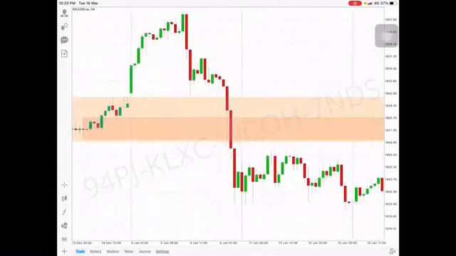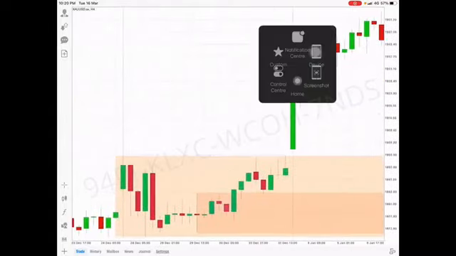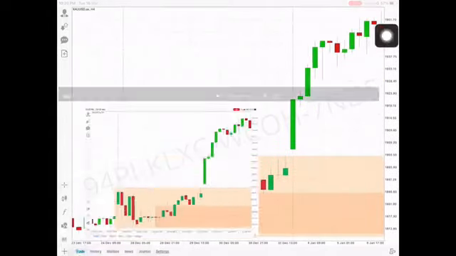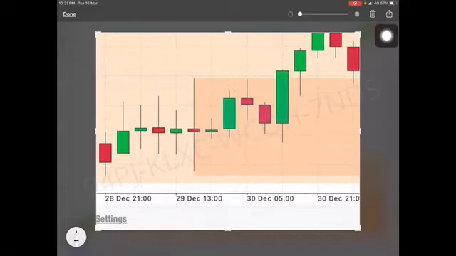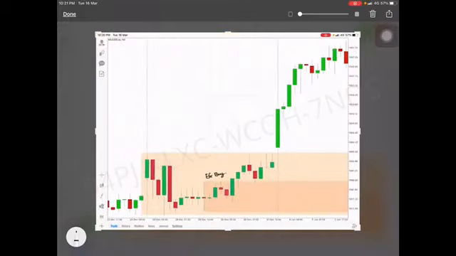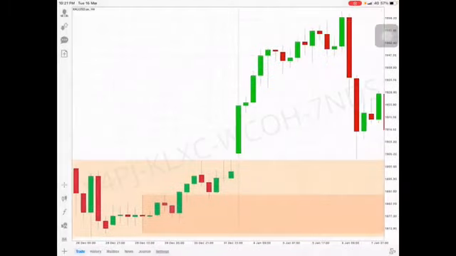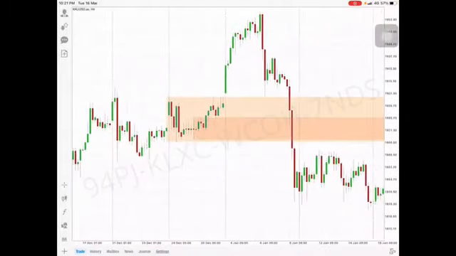Right, so on the H4, this is engulfing buy, right? Yeah, engulfing buy. And when the price reached the zone right here, it broke down. So now we are looking for sell.